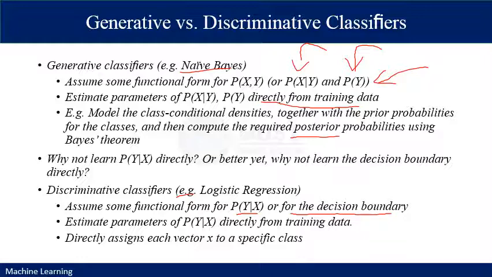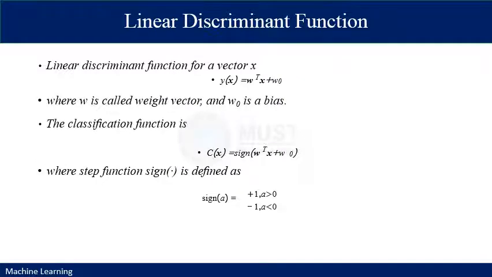These methods estimate parameters directly from the training data, and they directly assign each input vector to a specific class, such as positive and negative in the binary case, or any class C of k in a multi-label classification. Linear discriminant functions have similar properties, much like the linear models discussed in lecture 4.